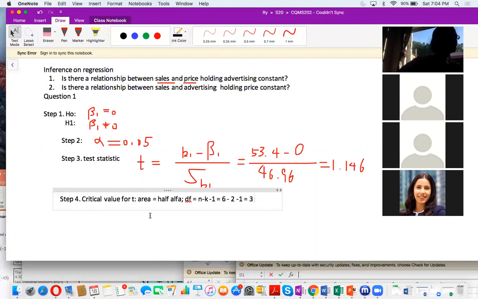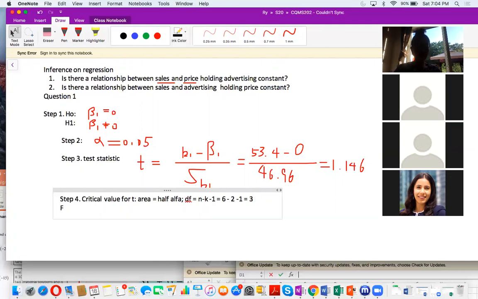So I'm going to grab my calculator. You press F5, F2, F3.